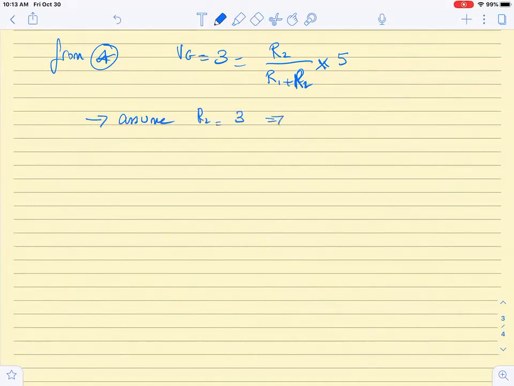This gives me that I can solve for R1 equal to 2. And here we are going to use mega ohms, and the reason is that we want low power operation.